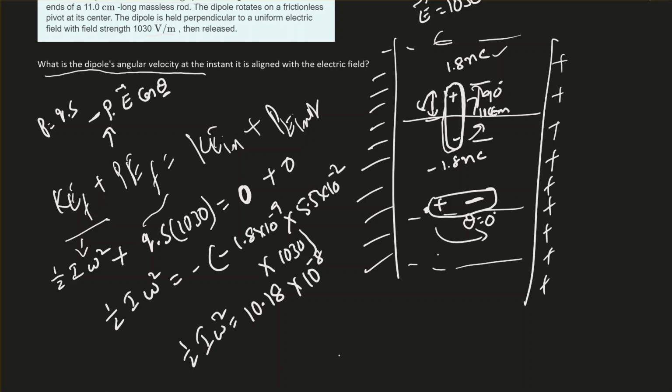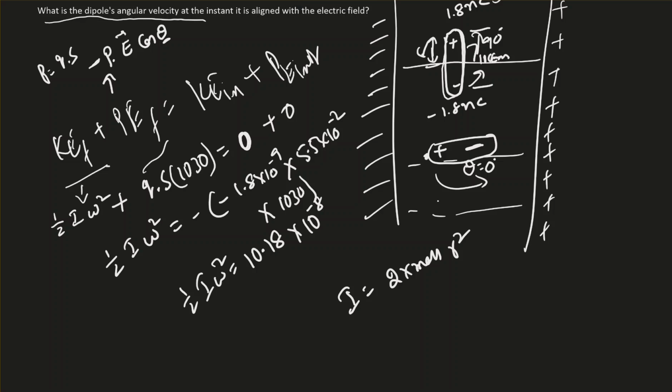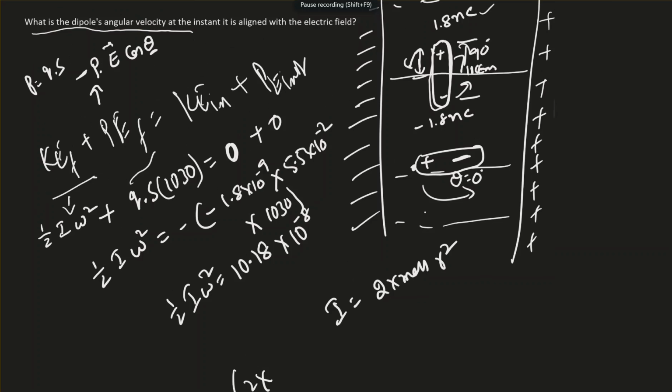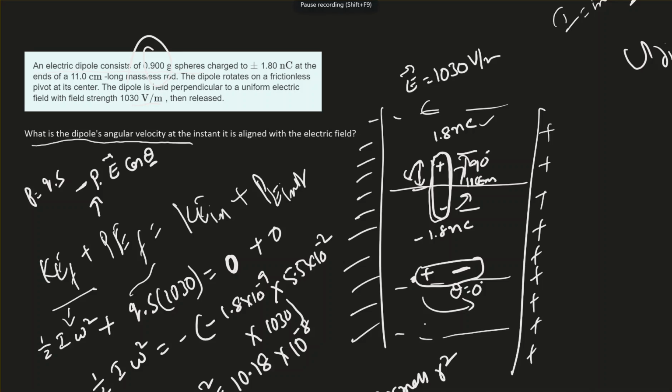So the moment of inertia I equal to, not half, I believe it's 2 times mass times r square. So I'm going to substitute it here. So we'll end up with half and 2 times mass, which is 0.9 grams.